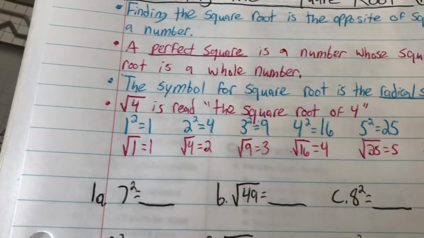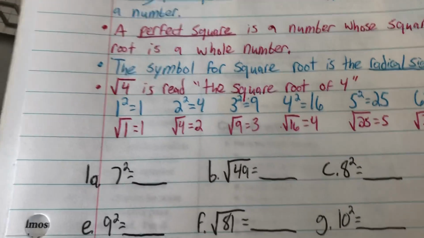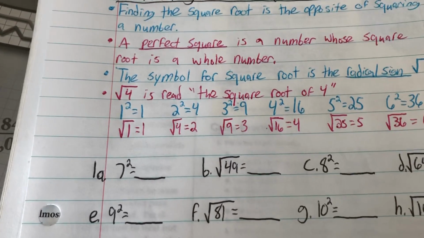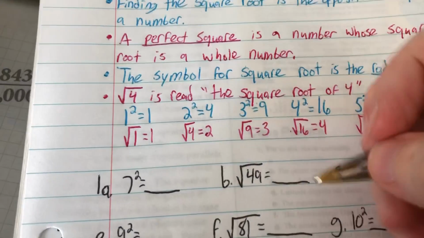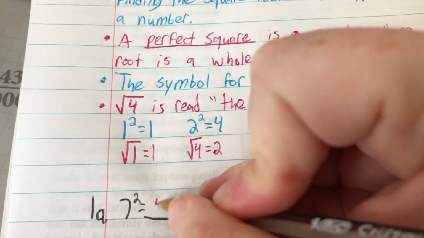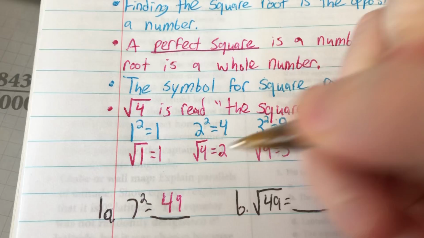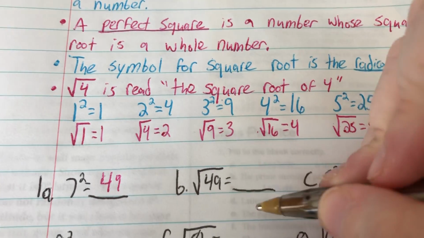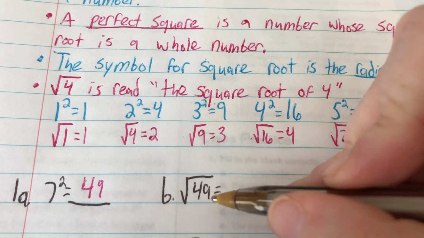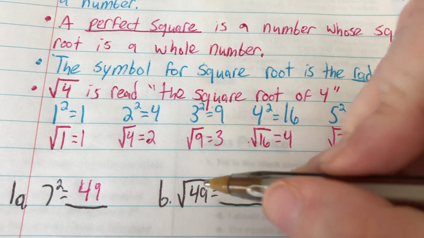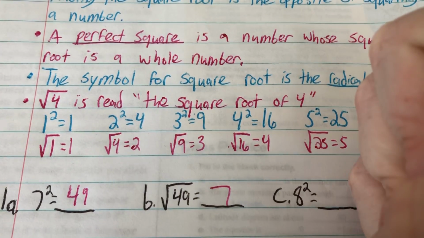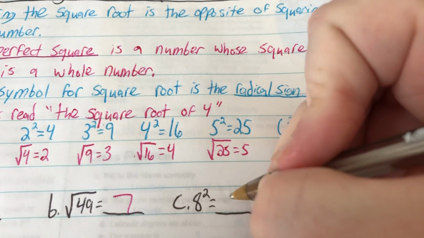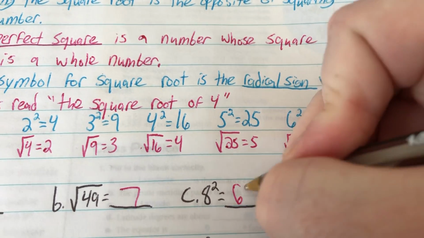Okay, so 1a, it has some squaring and some square roots. So 1a, 7 squared, 7 times 7 is 49. The square root of 49, the easiest way to think of it is what number times itself equals 49, and that would be 7. 7 times 7 is 49. 8 squared, 8 times 8 is 64.